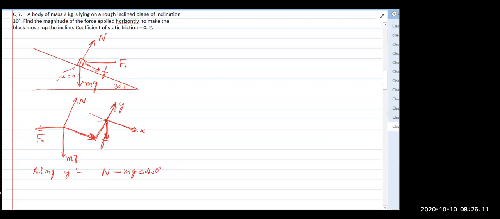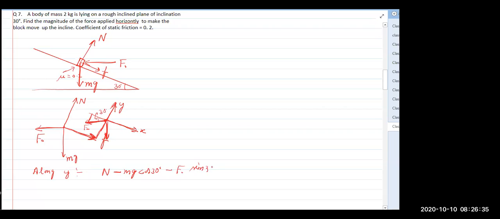And then we have f naught like this. So the f naught component along y direction, this is 30 degrees, this is f naught. The f naught component along y direction will be f naught sin 30.